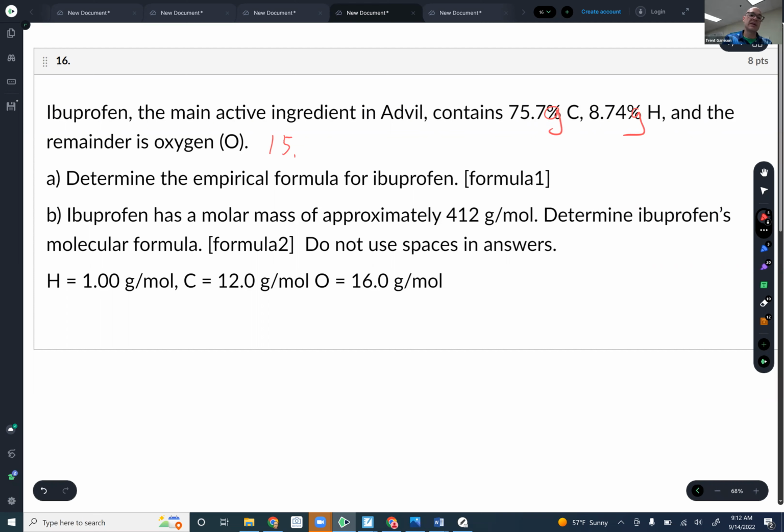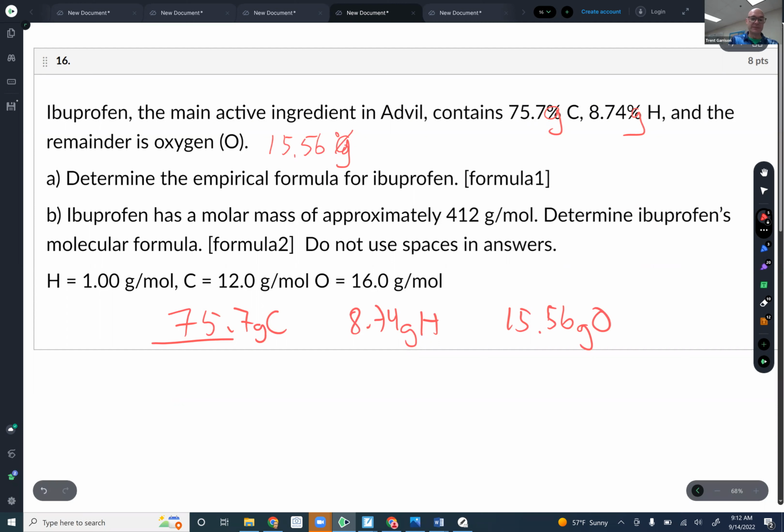Oxygen is 15.56%, which I'm going to convert into grams also. Now I've got all 3 values: 75.7 grams of C, 8.74 grams of H, and 15.56 grams of O.